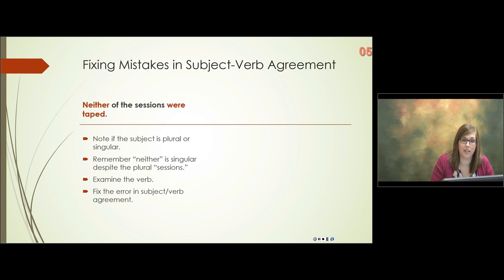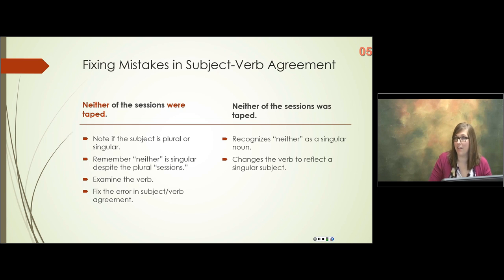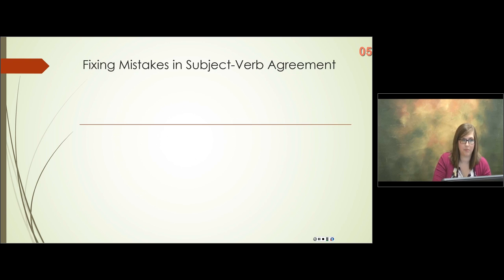So we count it as a singular verb. Or I'm sorry, a singular subject. So really, the truth of the matter is, neither of the sessions was taped. Now, that may sound incorrect to you because you're so used to hearing neither were taped. But the standardized English form that we need to keep to in our writing is neither was taped.